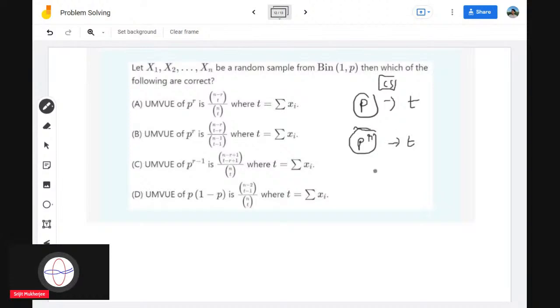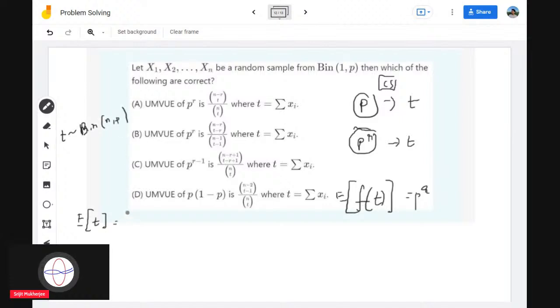So find the function of T such that its expectation is p to the power r, and I have used a recurrence relation. If you remember, T follows binomial n comma p.